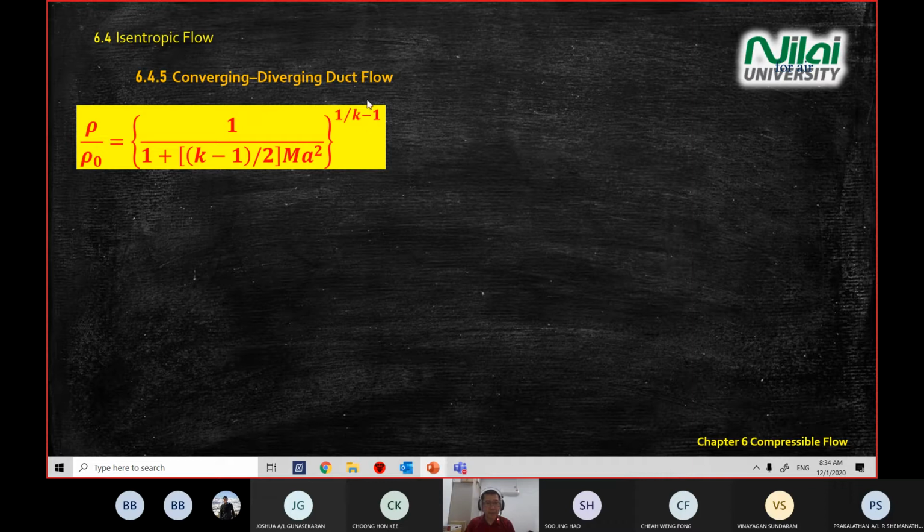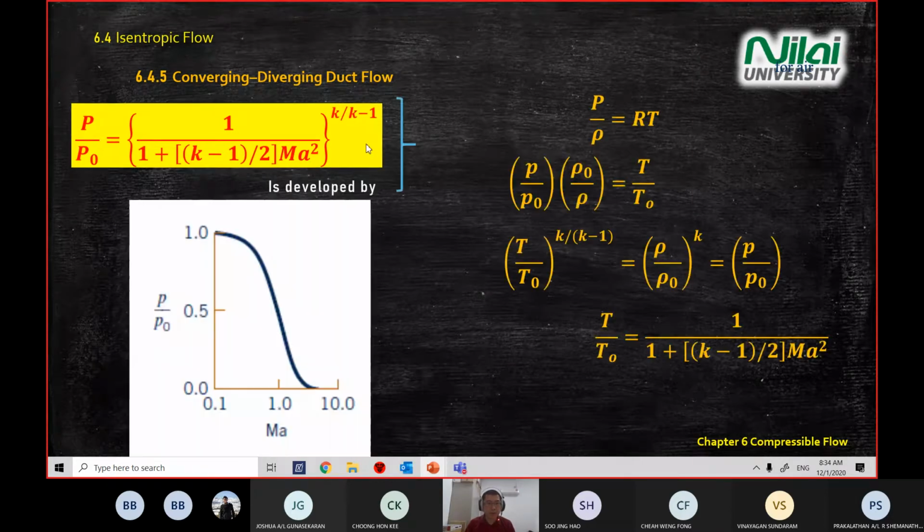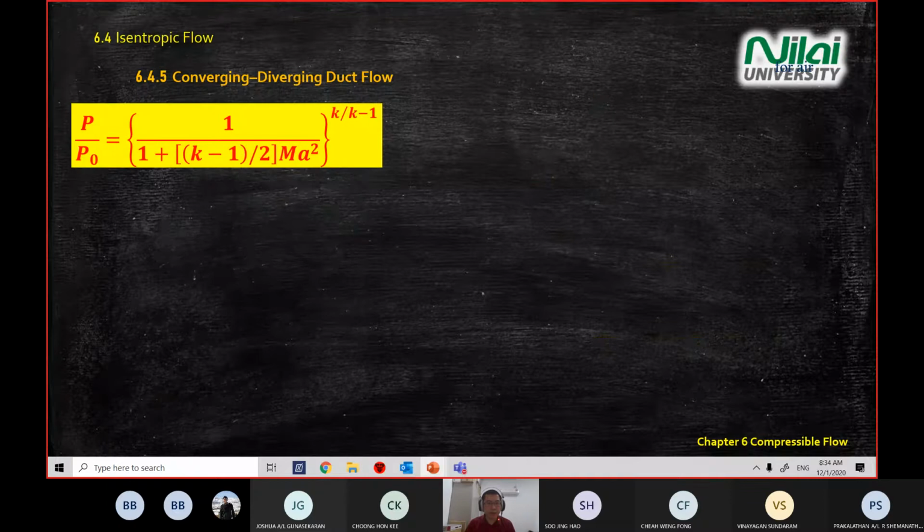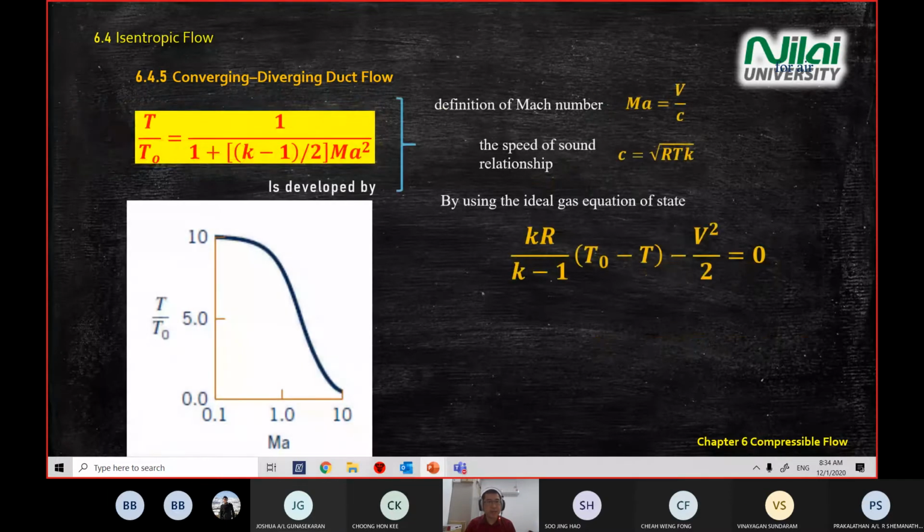The only difference is the exponential 1 over K minus 1. So there are 3 important formulas that will help you to solve compressibility problems. The first one is T divided by T0. At least in your mind, you know that this is the equation we are going to look at when we have a compressible problem. I don't expect you to memorize this one, but at least you know which equation to use.